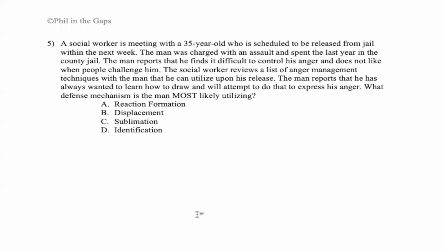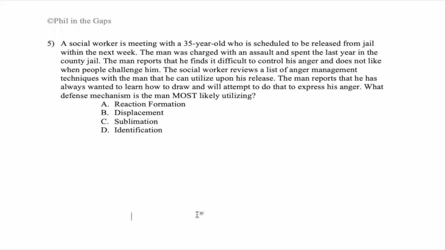Question 5. A social worker is meeting with a 35-year-old who is scheduled to be released from jail within the next week. The man was charged with an assault and spent the last year in the county jail. The man reports that he finds it difficult to control his anger and does not like when people challenge him. The social worker reviews a list of anger management techniques with the man that he can utilize upon his release.